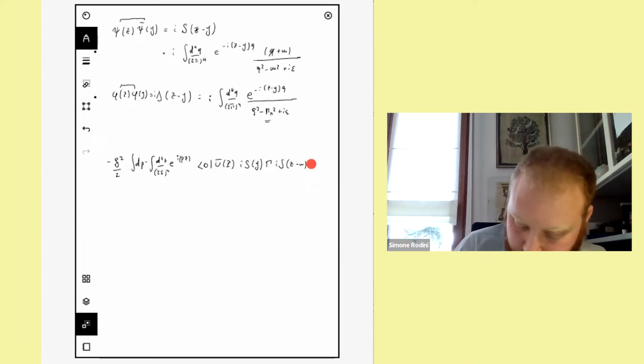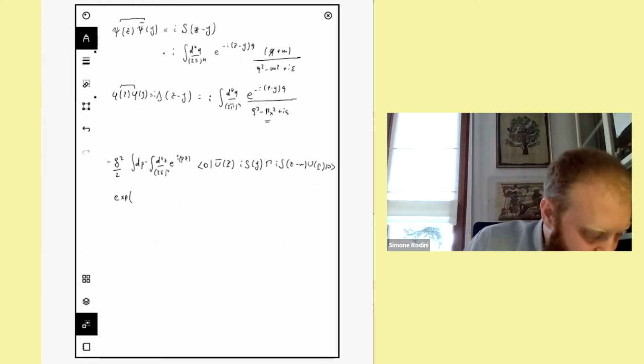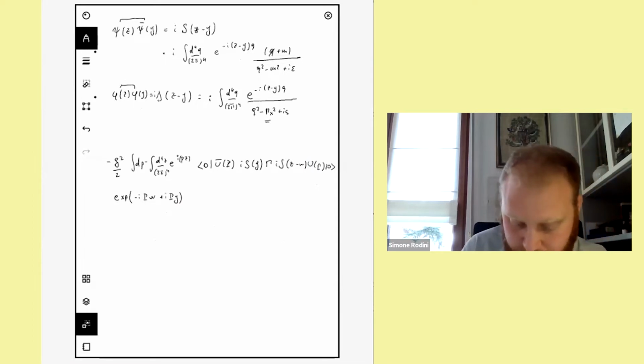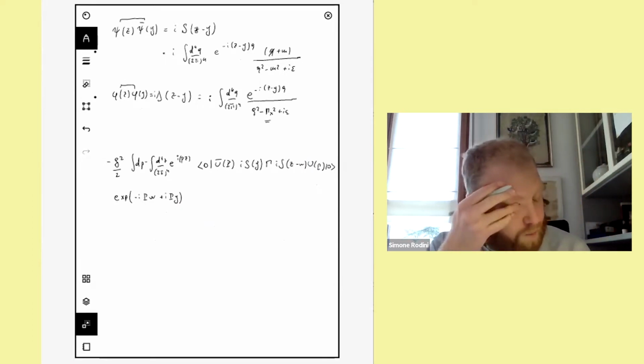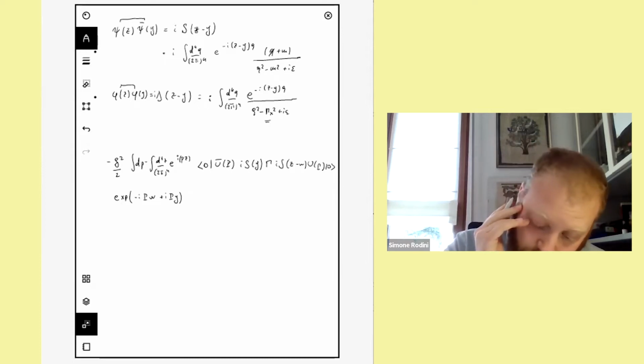And then you have your u(P) vacuum, and then you have the exponential of -iPw + iPy, which comes from the stuff that I just told you about the field.